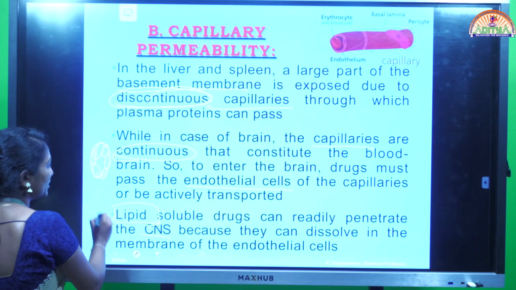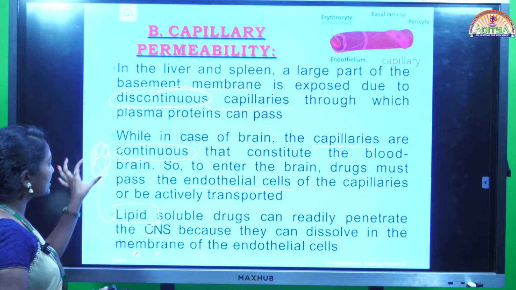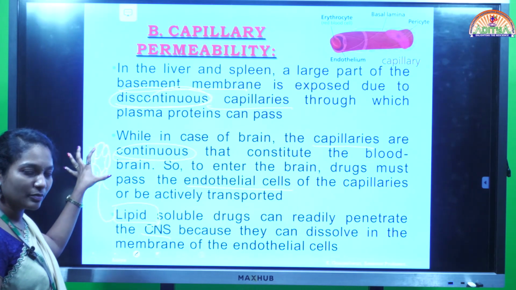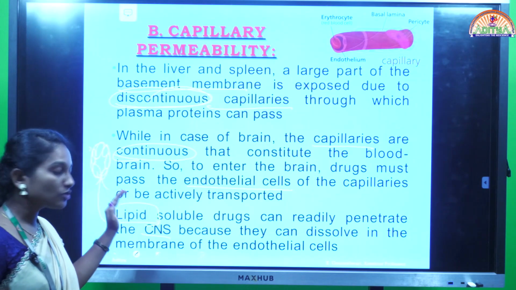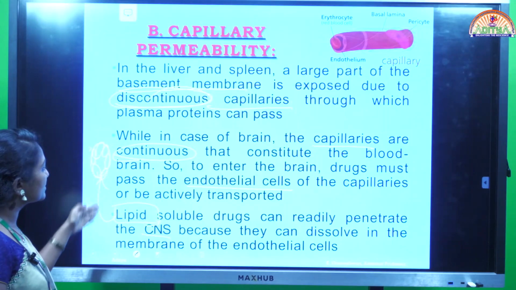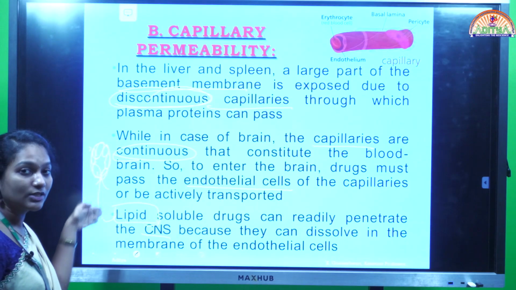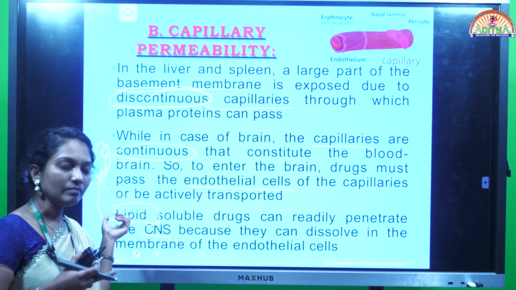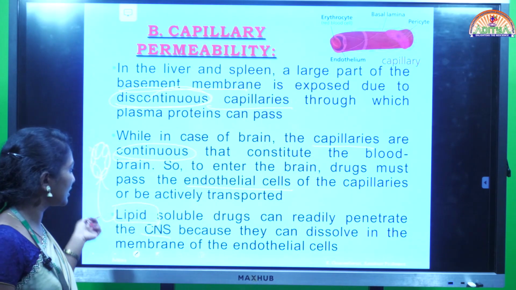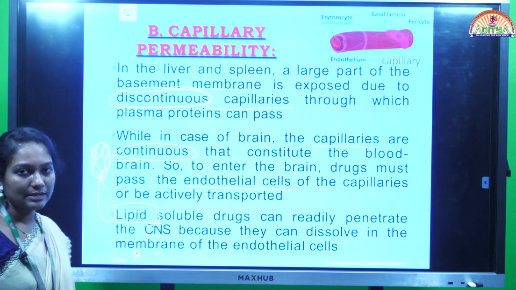The lipid soluble drugs, being lipid, can easily penetrate this lipid layer membrane. But in the case of water soluble drugs, this layer being continuous with no slits or pores present in it, the drugs cannot easily pass. The water soluble drugs cannot easily pass through the CNS membranes.